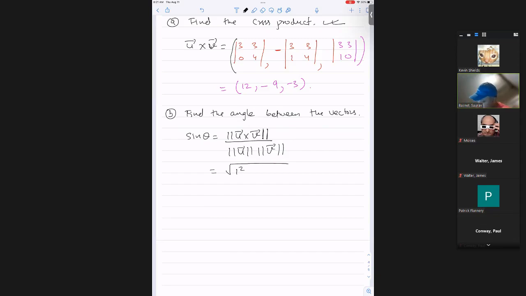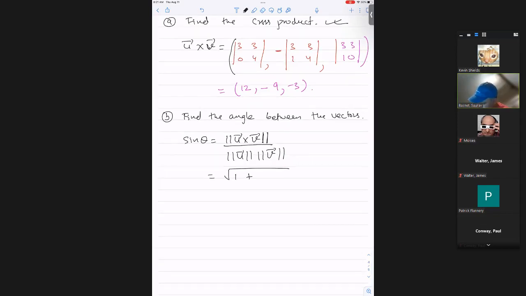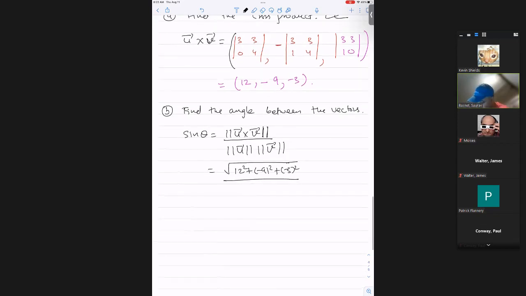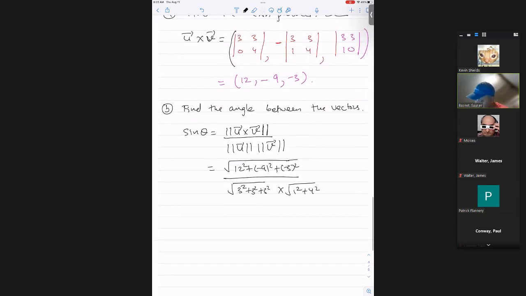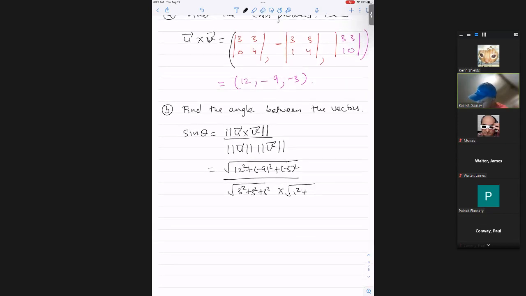So it will be 12 square plus 12 square plus negative 9 square plus negative 3 square, divided by the magnitude: 3 square plus 3 square plus 3 square, times 1 square plus 0 square plus 4 square.